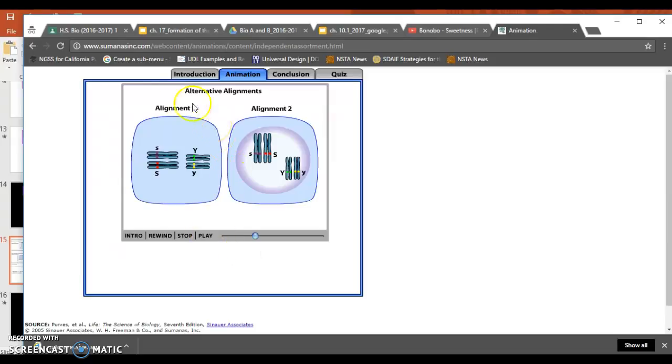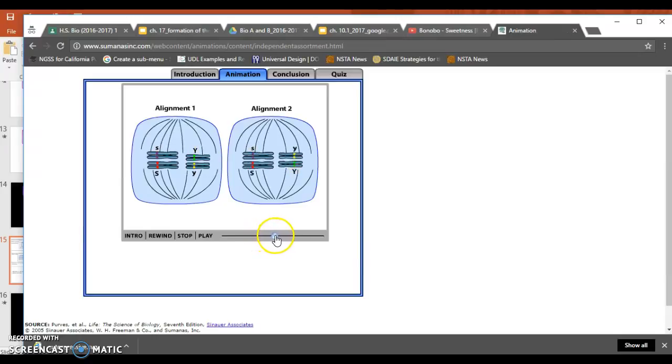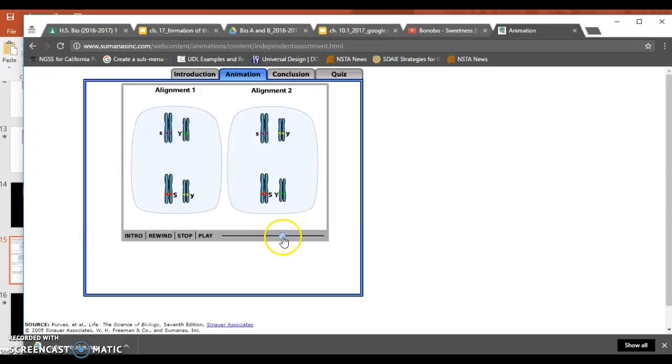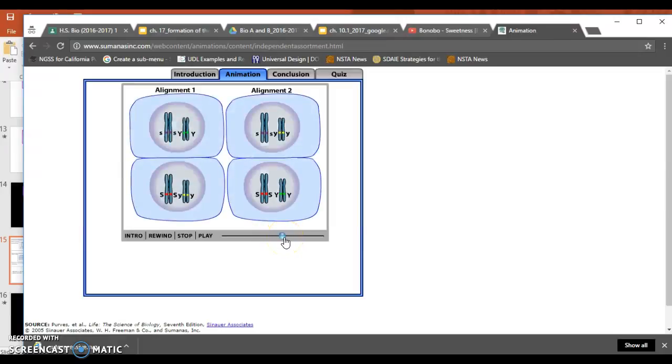All right, for this example, I'm just going to watch alignment 1. I'm going to ignore alignment 2, just study alignment 1. So if I was going by alignment 1, just to give you an example, I would say, well, the cell divided into 2.